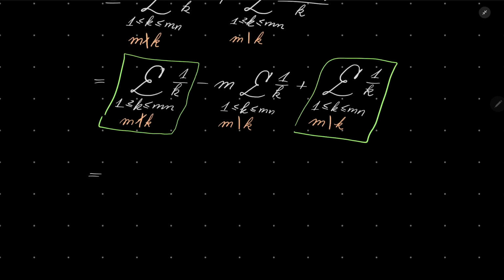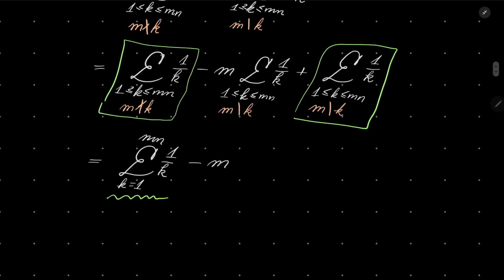So these green sums can be combined again into sum going from k equals 1 to mn, 1 over k. These two green sums can be written as that, and minus m.